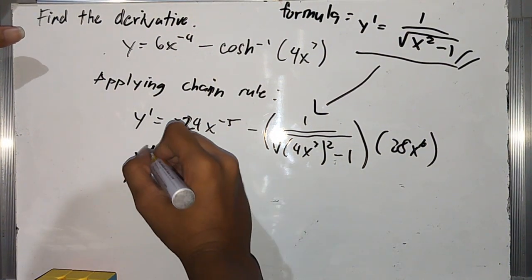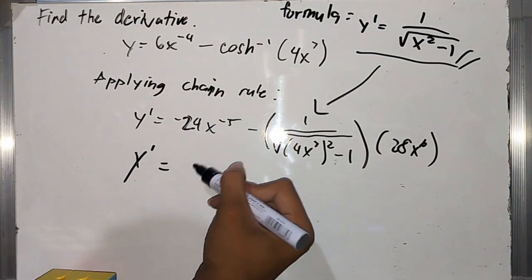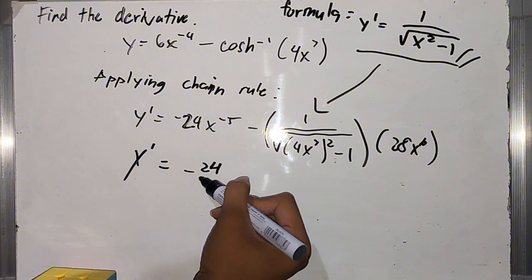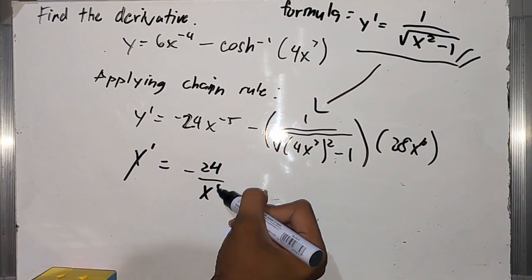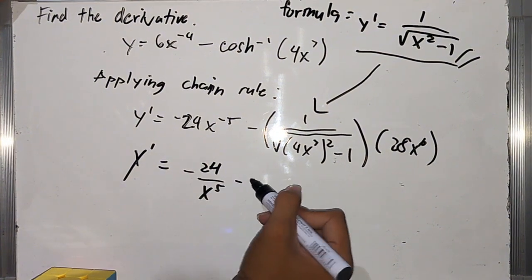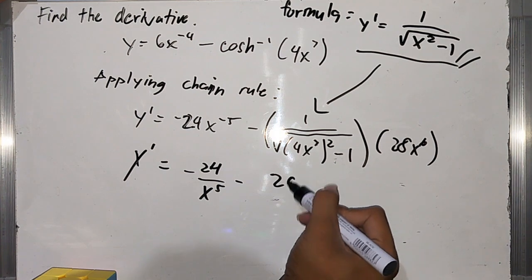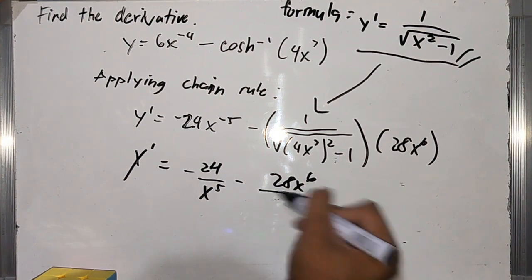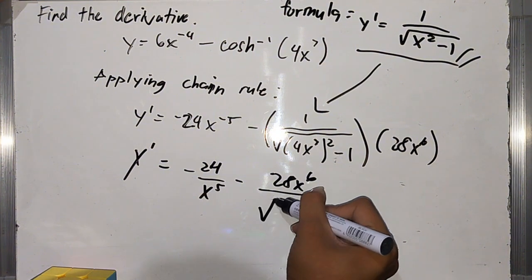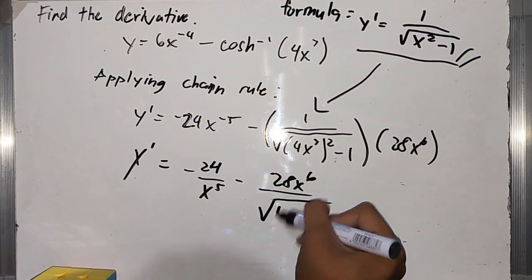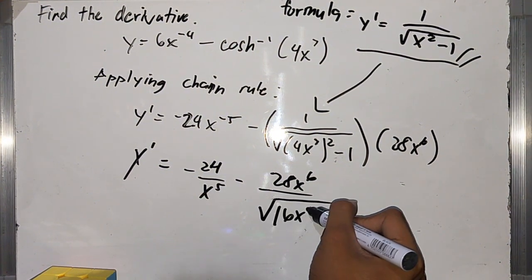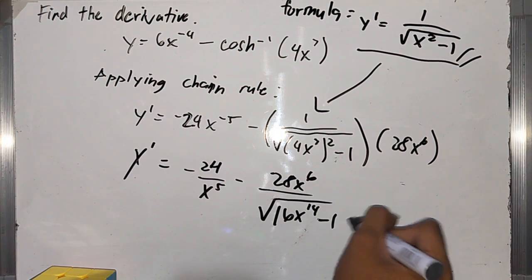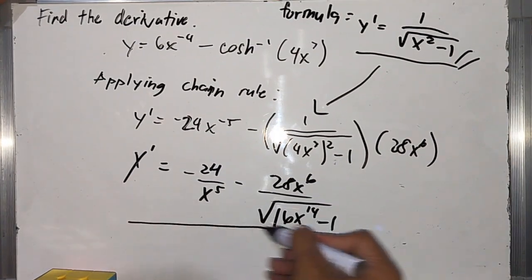So the derivative is y prime equals -24 over x to the power of 5 minus 28 x to the power of 6 over square root of 16 x to the power of 14 minus 1. So here's the derivative.